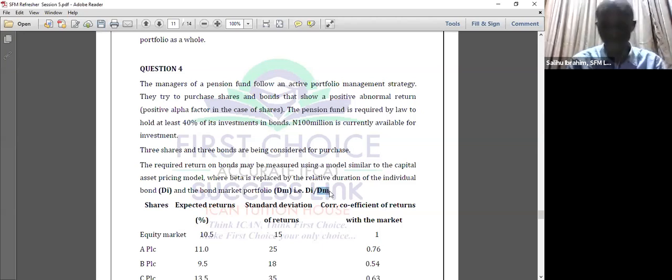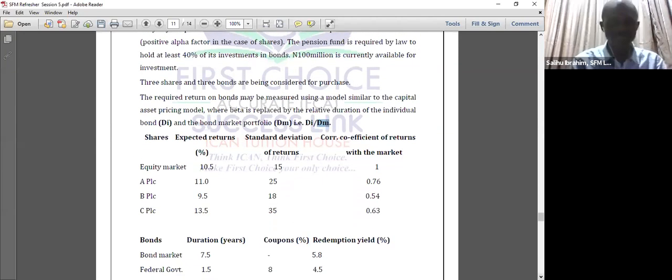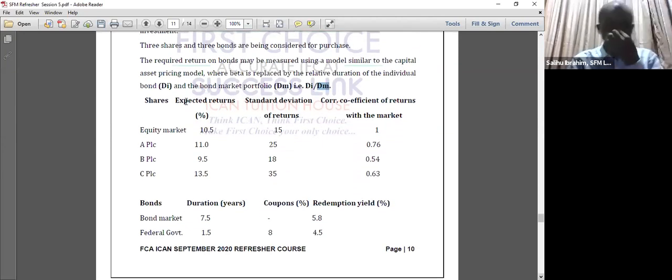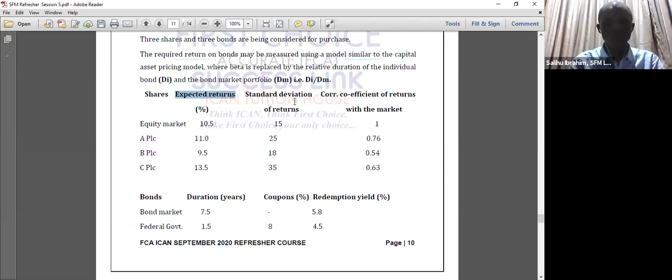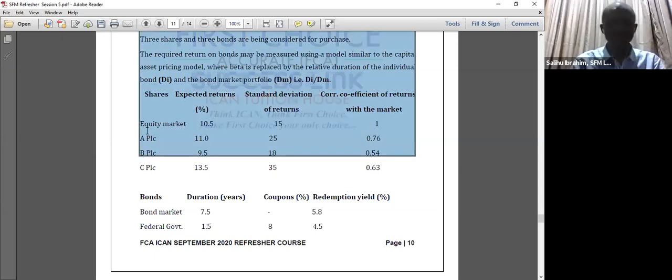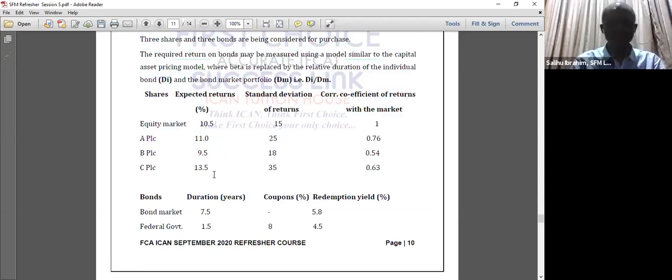Now, we have this information here. Let's go to the information we are given in this question. We have the expected return, we have the standard deviation, we have the correlation coefficient of return with the market. For the equity market, I think we are dealing with shares.